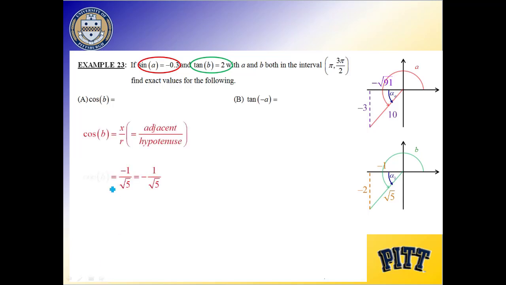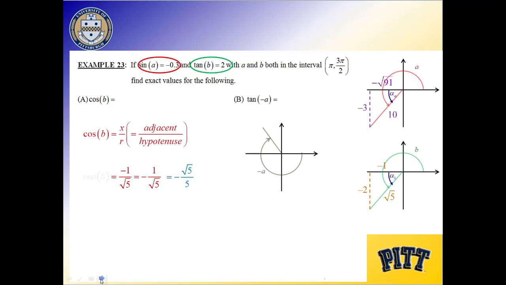Which I could also write as negative square root 5 over 5. And now the tangent of negative A. Now there's where it gets a little tricky. I see where A is, but if I do negative A, that means I went in the opposite direction, moving 3 quadrants, which means it's going to put me in quadrant 2.